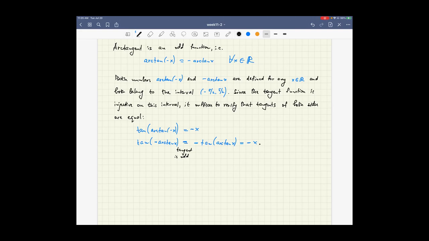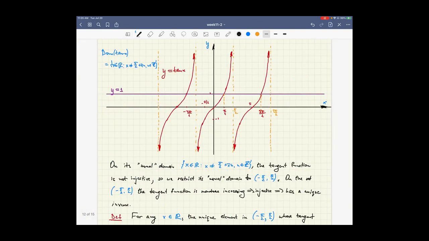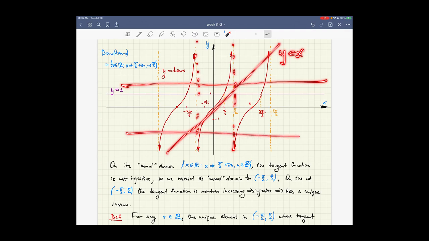Let's draw the graph of arctangent. It will be interesting for us to note that the vertical asymptotes negative pi over 2 and pi over 2 of tangent, when you reflect them above the line y equals x, become the horizontal asymptotes of arctangent.